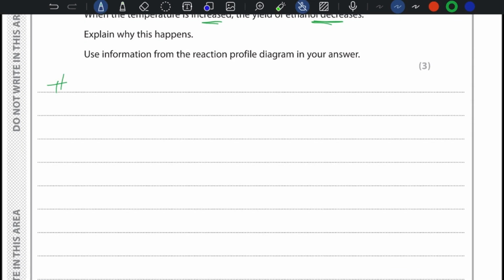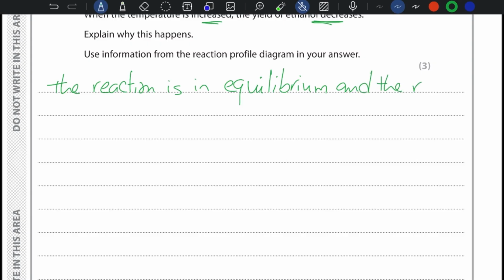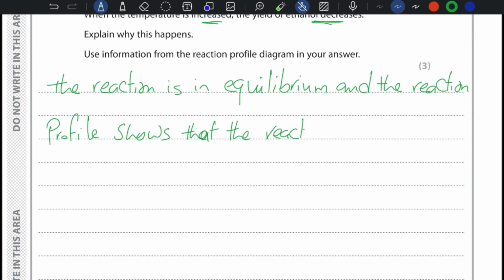The reaction is in equilibrium and the reaction profile shows that the reaction is exothermic.